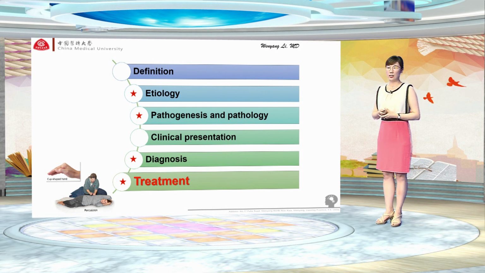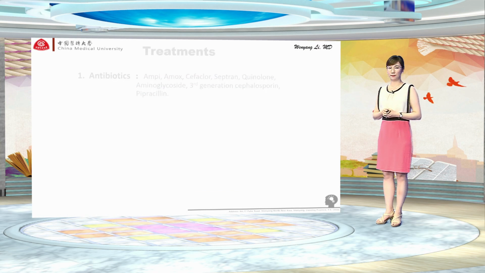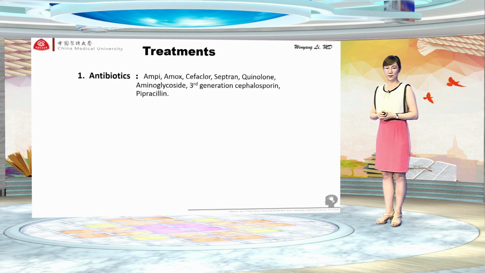Last but not least, let's have a look at the treatment of bronchiectasis. First of all, antibiotics targeting the causative or presumptive pathogen should be administered in acute exacerbations, usually for a minimum of 7 to 10 days, and perhaps for as long as 14 days.